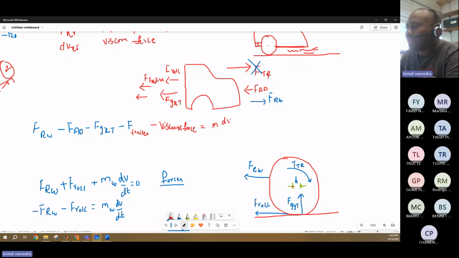These are the forces acting on your chassis.